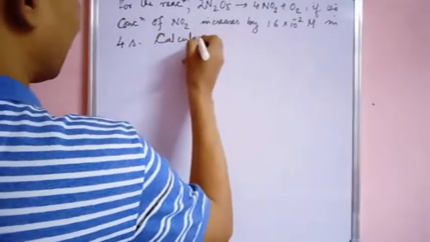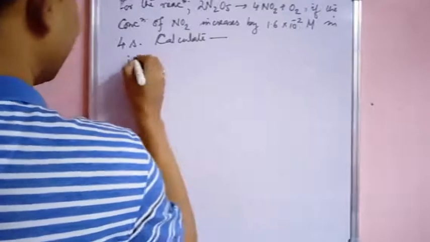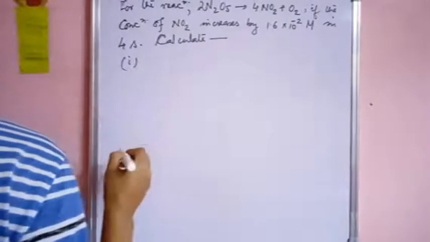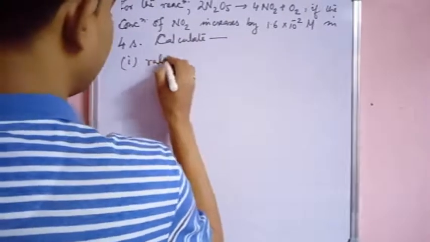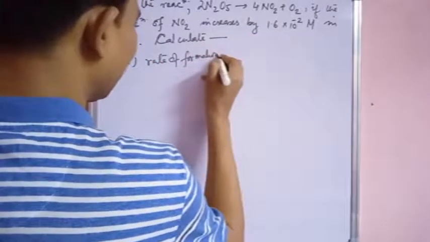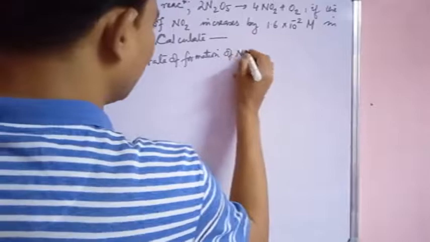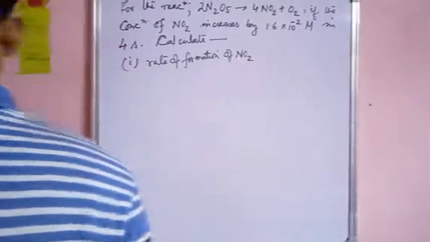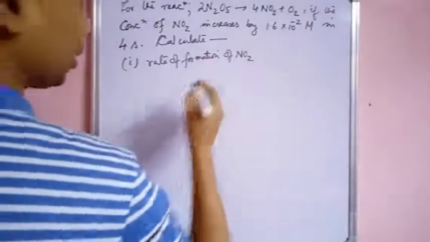Calculate number one, the rate of formation of NO2. Number 2, rate of formation of O2.